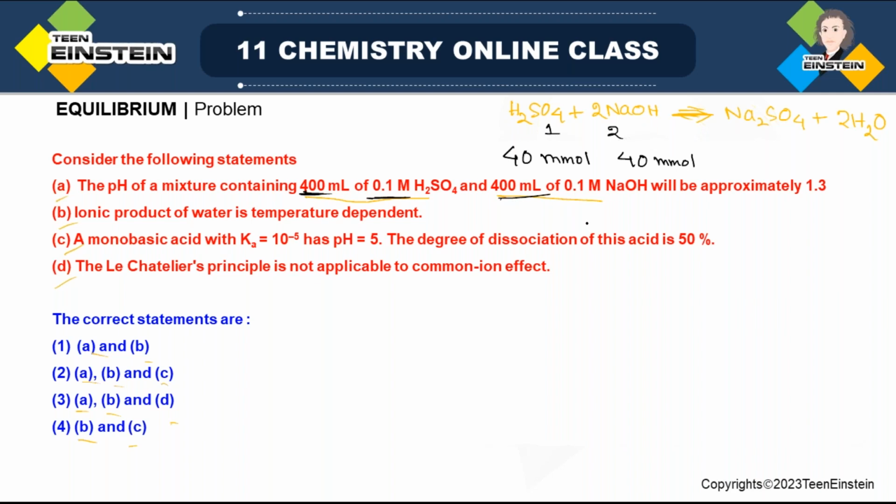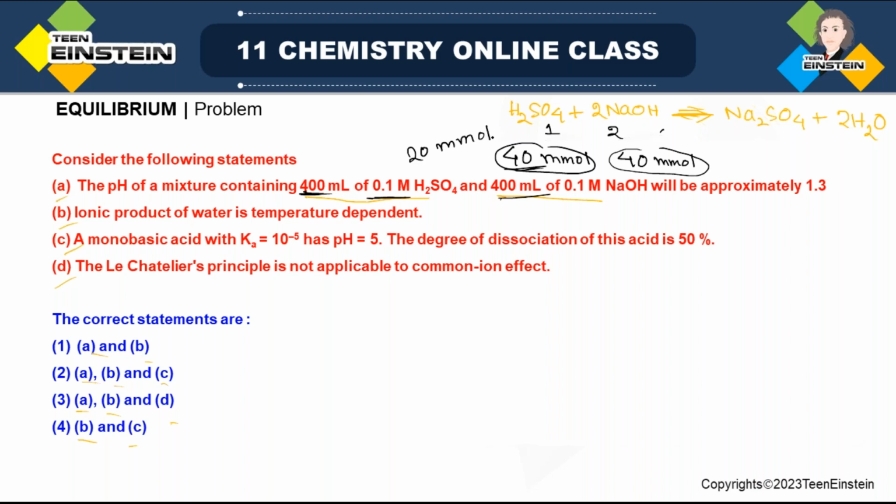But as it is a 1:2 reaction, NaOH is the limiting reagent. All the NaOH will be consumed, so if 40 millimole of NaOH is consumed, only 20 millimole of H2SO4 will react, and 20 millimole will remain.